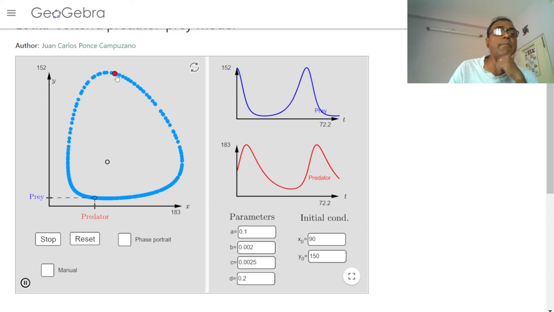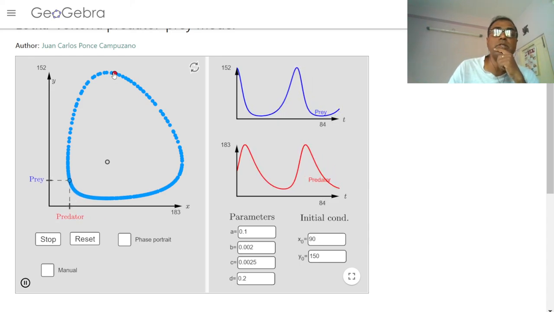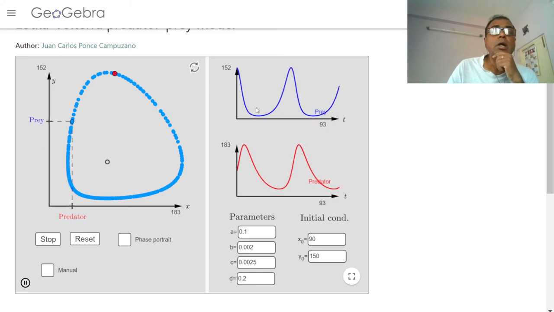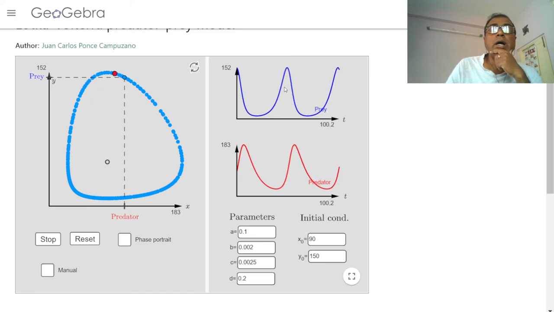This red point is the initial condition x0, y0. So these beautiful graphs show the change of the density of prey, and second, the density of predator in the model.